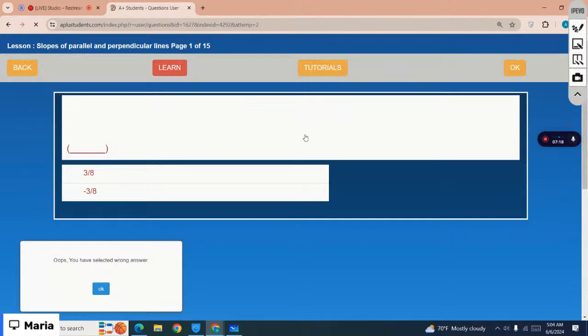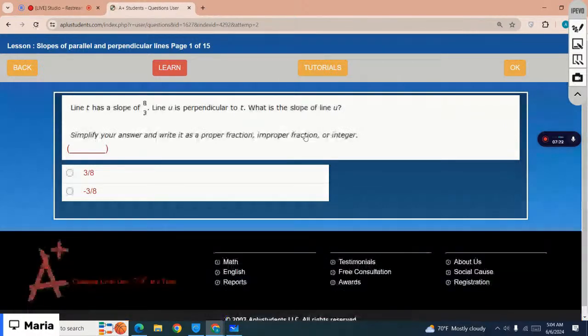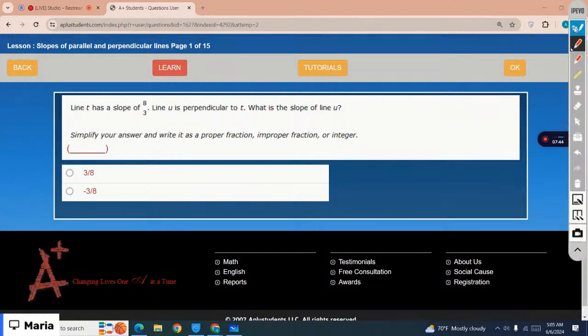Line T has a slope of 8/3. Line U is perpendicular to T. What is the slope of line U? The lines are perpendicular, and as I just explained, if lines are perpendicular, their slopes are negative reciprocals.